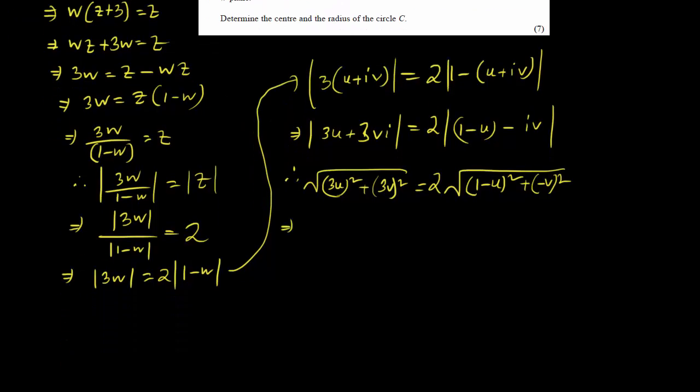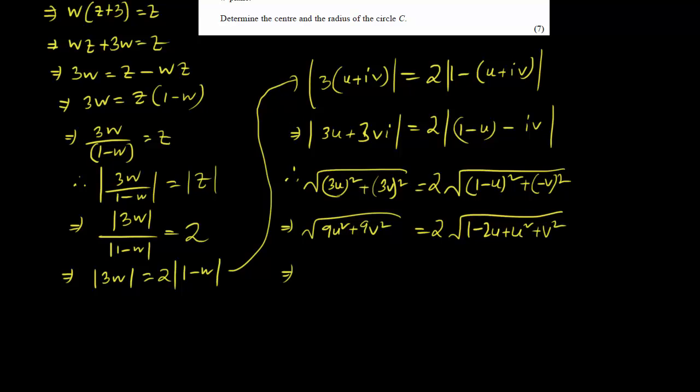So we can write this as the square root of 9u squared plus 9v squared, and if you break this down, this is going to be a minus b whole square, 1 minus 2u plus u squared, plus v squared.